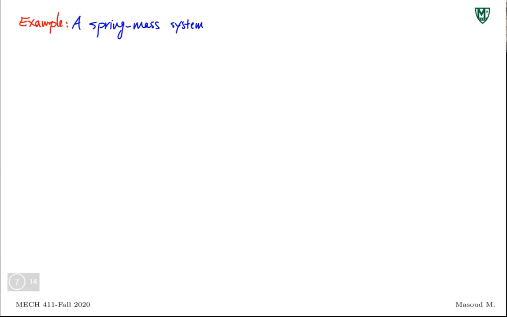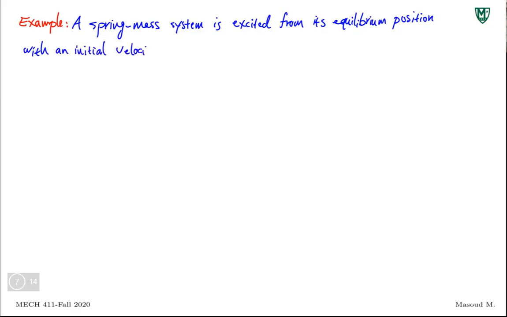Spring mass system is excited from its equilibrium position with an initial velocity of 1 meter per second.